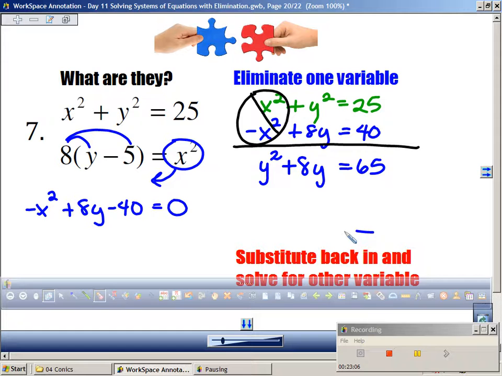Kayla? No, because you've now solved for Y for this one. Okay, so you're saying that on this one Y is plus or minus 5.